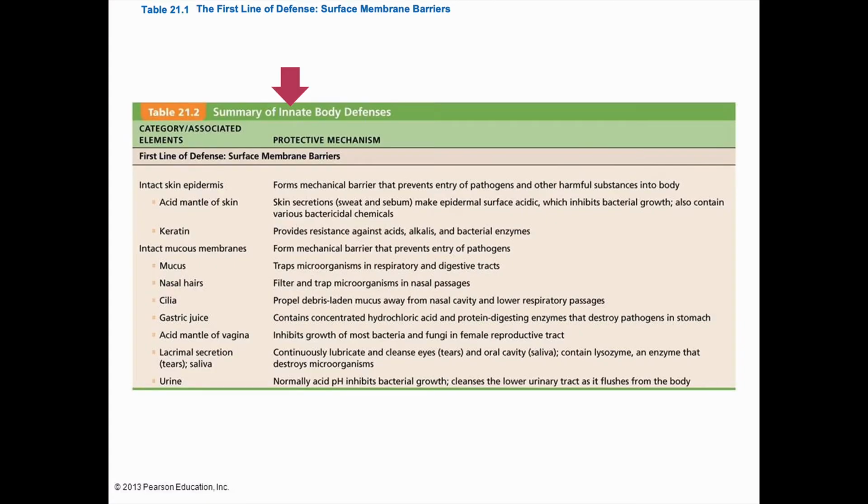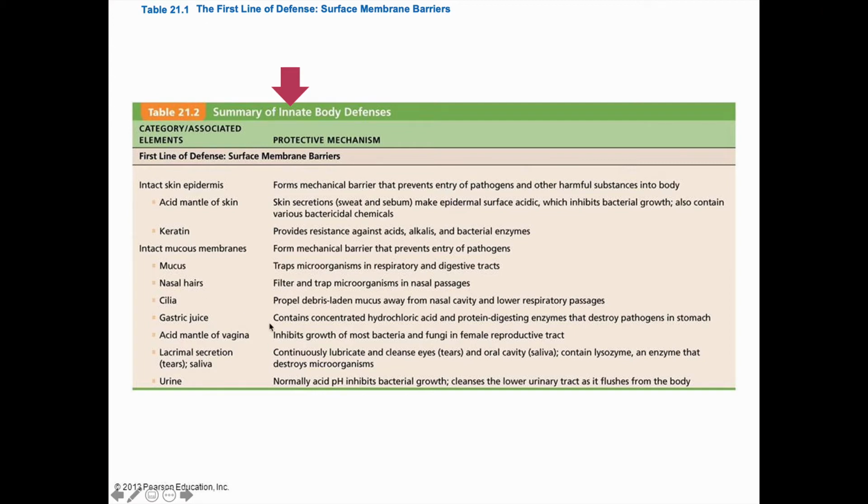So this is a summary. We discussed the skin preventing bacteria from entering, and intact mucous membranes, where the mucus traps microorganisms, nasal hairs filter the dust, and cilia, the hair-like structures on the respiratory mucosa, prevent the mucus from going to the alveoli.